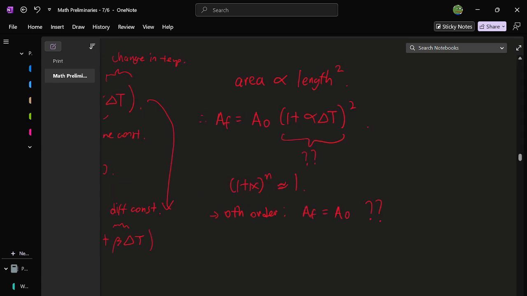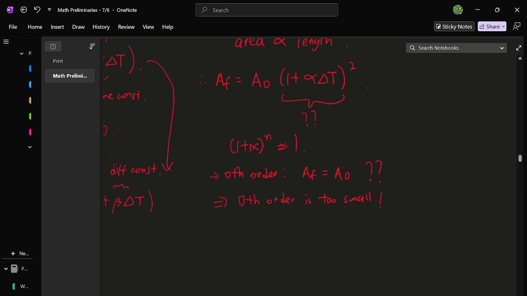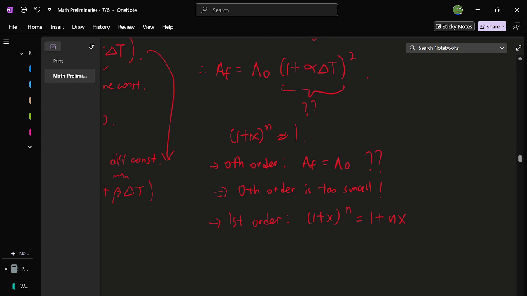But you know that this doesn't make sense because, of course, the area of the sheet is going to change. What this means is that your 0th order is too small, and you approximated it to an order that is too small. And since it's too small, we go to the next order. The next order will be first order. And since we have this at the first order, AF is just this.